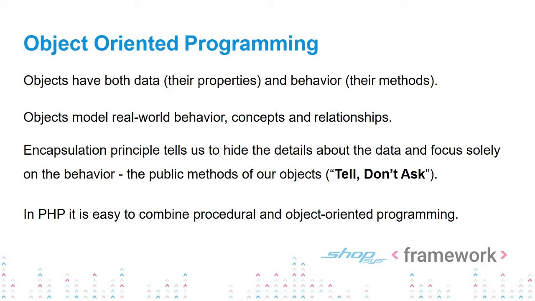The most important principle in object-oriented programming is, in my opinion, the encapsulation principle that tells us to hide the details about the data and only offer the meaningful behavior we should expect from our objects.